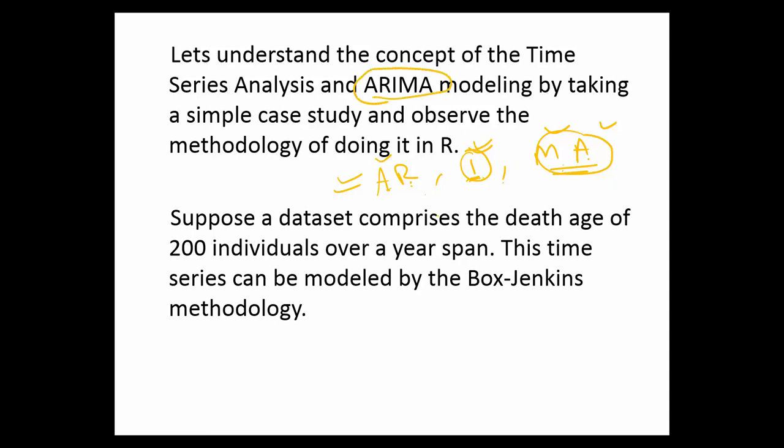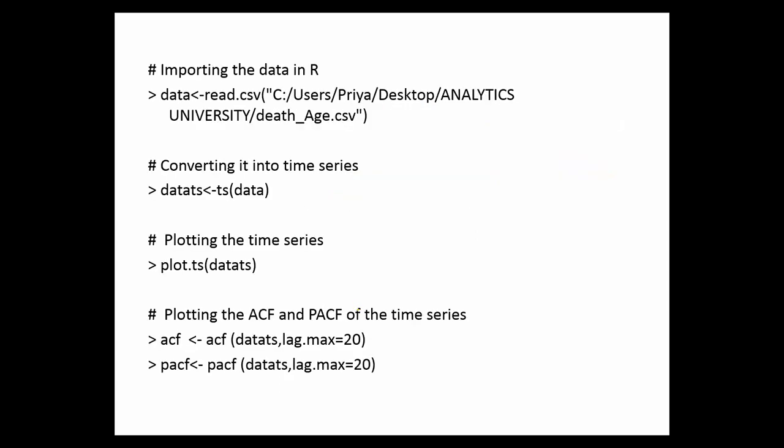So we'll see how you build an ARIMA model. This is a data set with the death age of 200 individuals. So this is sort of a time series model. How do you do it? First, take it inside, do the plots, and see if there is a pattern.